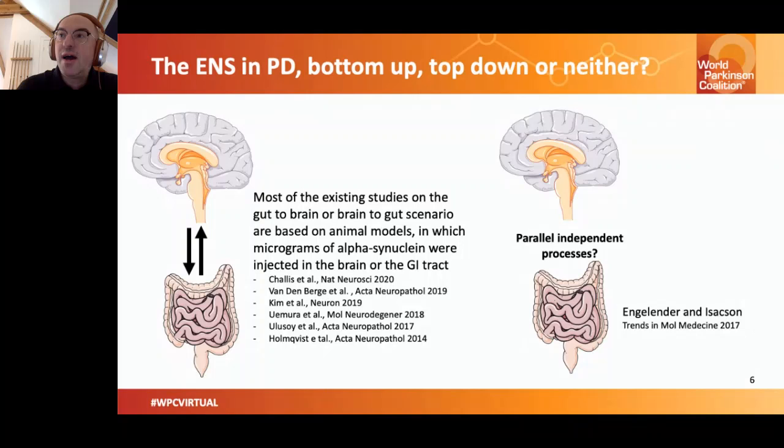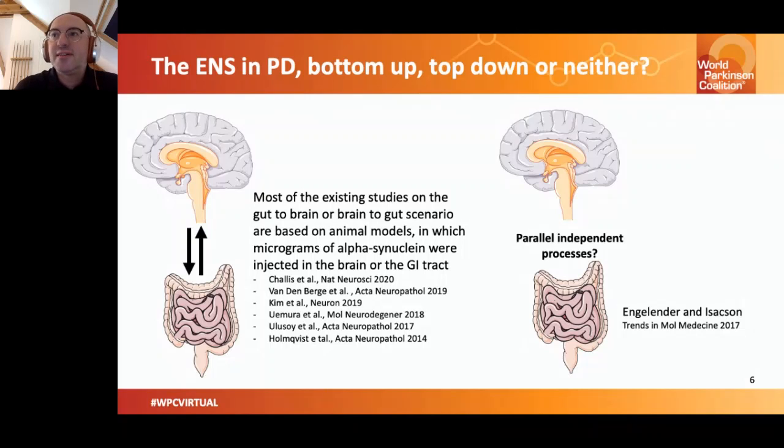It is therefore quite hard to believe by any stretch of imagination that these models could mimic what happens in Parkinson's disease patients. So is there any alternative explanation? I don't know, but maybe there might be one.